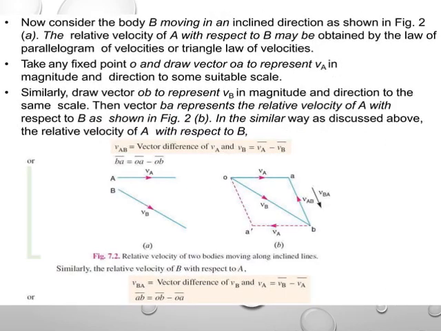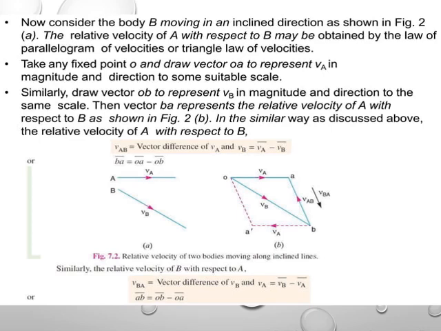Next, there is a concept where B is moving in an inclined direction, as shown in the figure. While B is inclined with A, that is known as parallelogram and triangular motion, which can make the fixed point to draw the vector diagram.